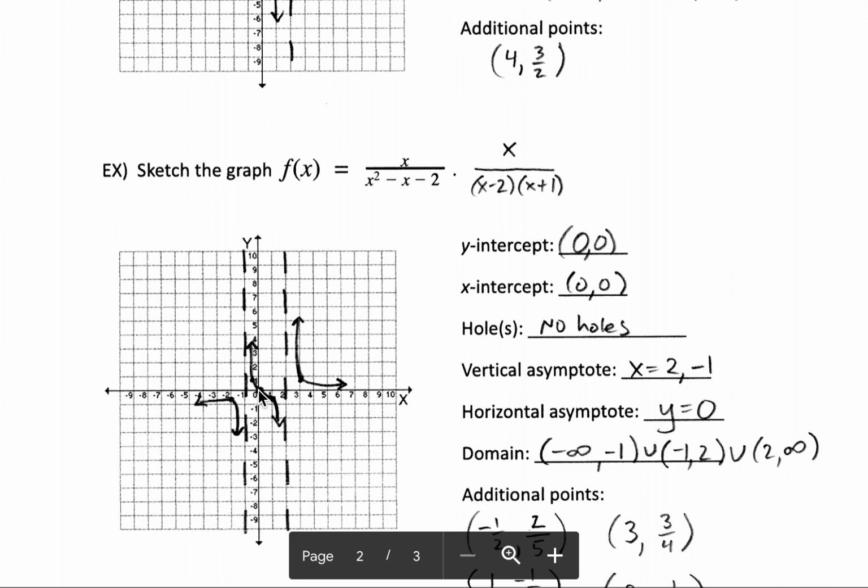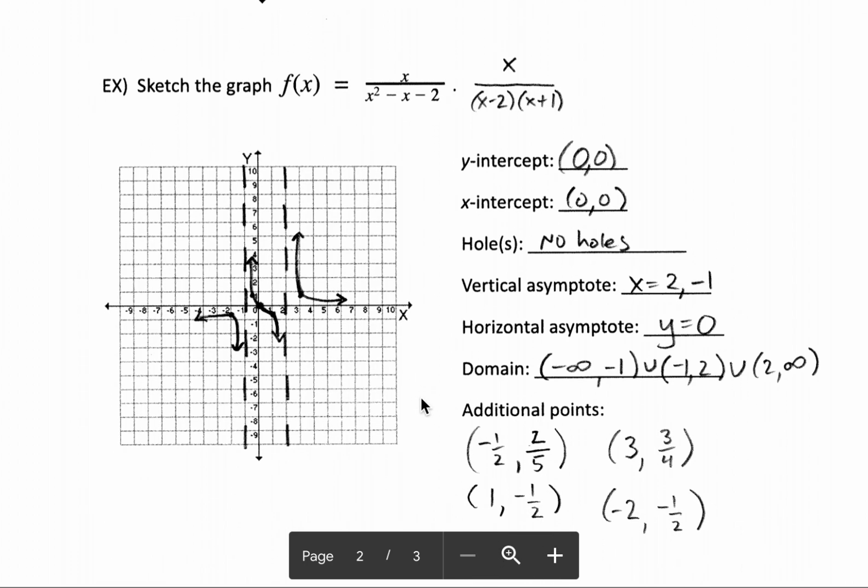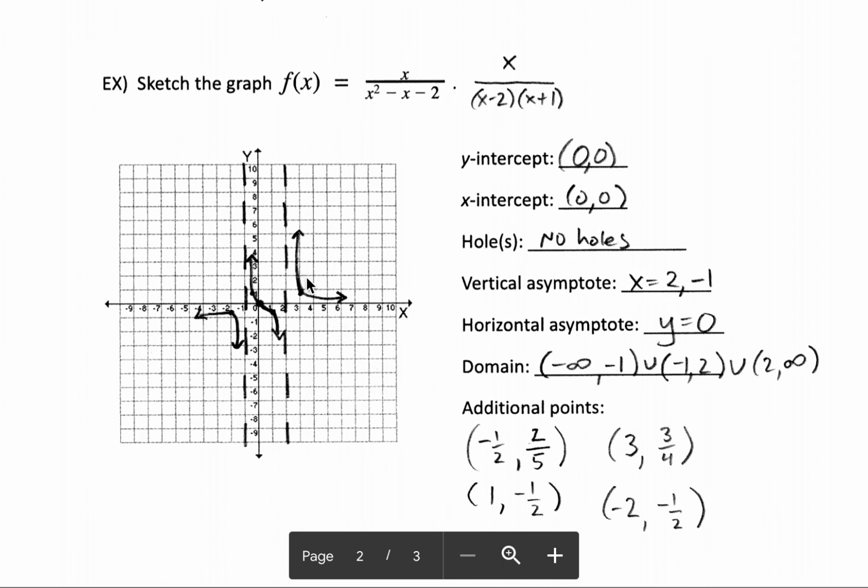Well, just plotting that point is not enough, so it would be helpful to come up with some additional points just to make sure we know what the behavior of the graph is doing on either side of our asymptotes. So on the right side, if I go just to the right of that vertical asymptote, I could check and see what point is on my graph.